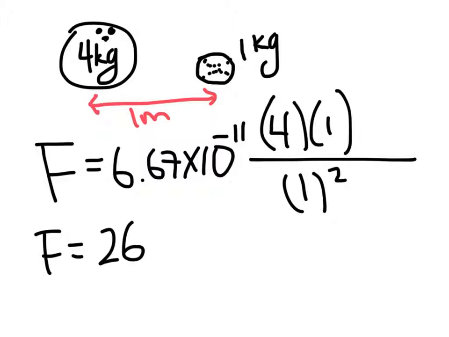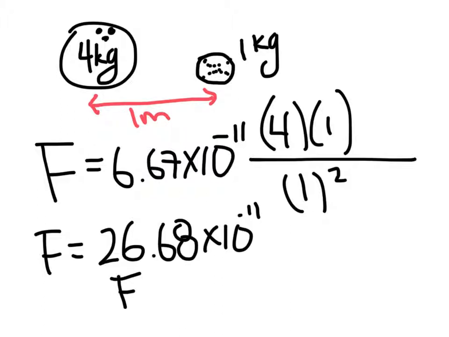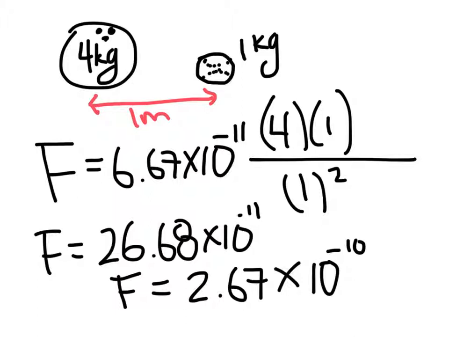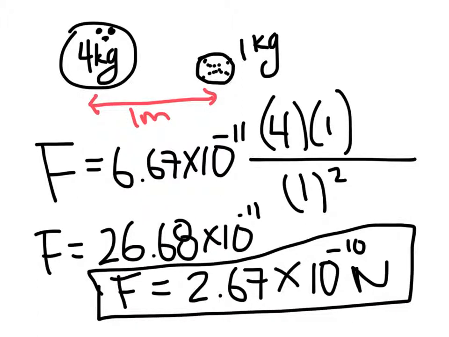And so we would get 27.68 times 10 to the negative 11, which, to be correctly in scientific notation, would be 2.7, and I'm going to round here, and that would be times 10 to the negative 10, because we moved the decimal one spot. The units would be newtons, and you see that's a pretty small force, 0.00000000000, definitely sort of immeasurable by any standard means.